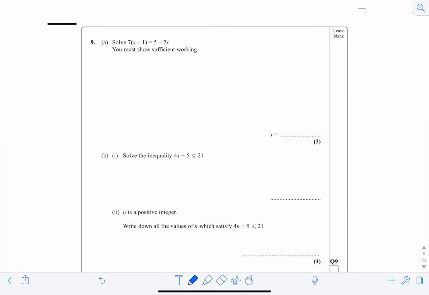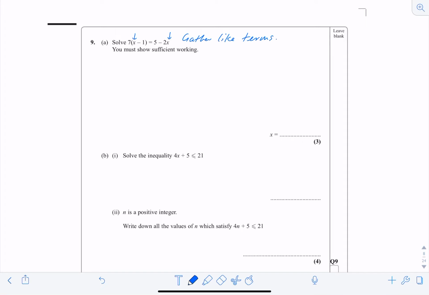Question number 9. Solve this. Okay, you must show sufficient working. So what we need to do is, if we've got unknown on both sides of the equation, we have to get them all to the same side. So gather like terms.